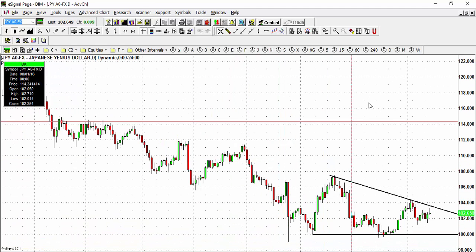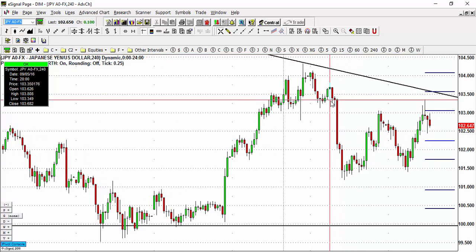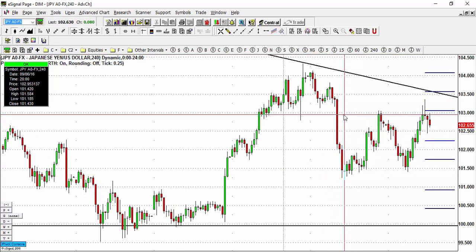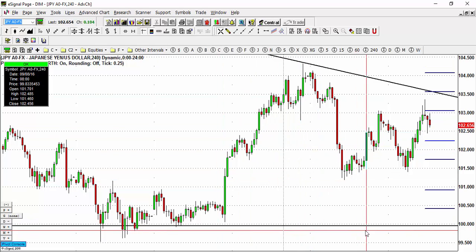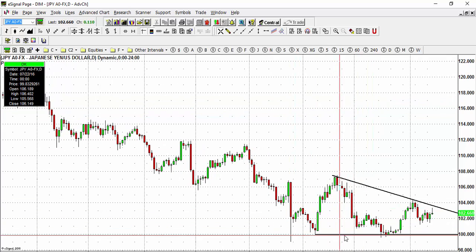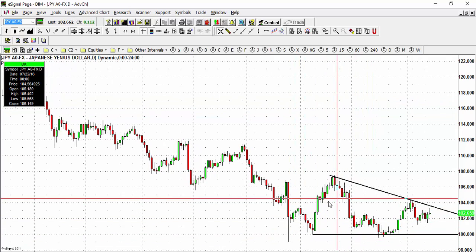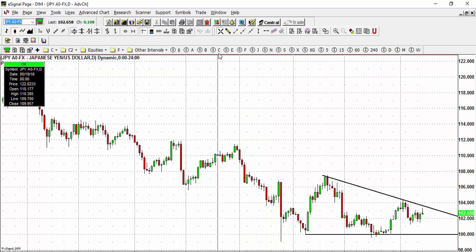So the next area of support with the USD Japanese yen is at 101.18. If we do break below 101.18, then we'll challenge this 100 area of support down to the 99 area of support. So that's what we're looking out for with the US dollar versus the Japanese yen.